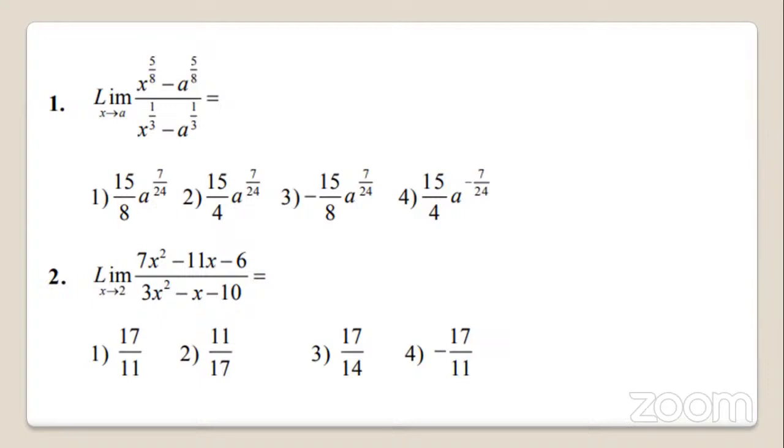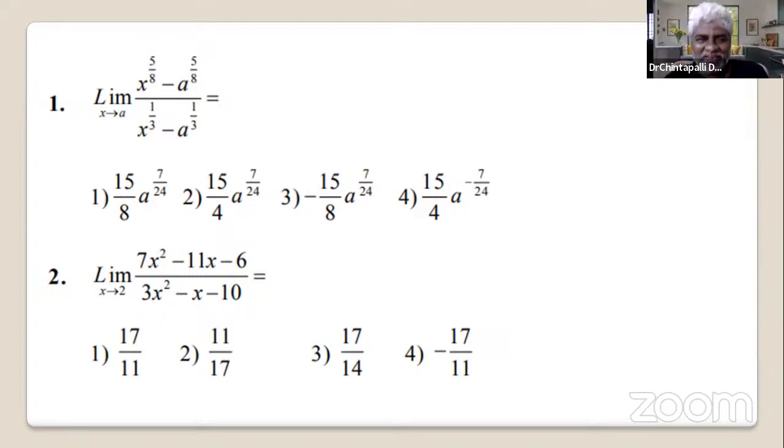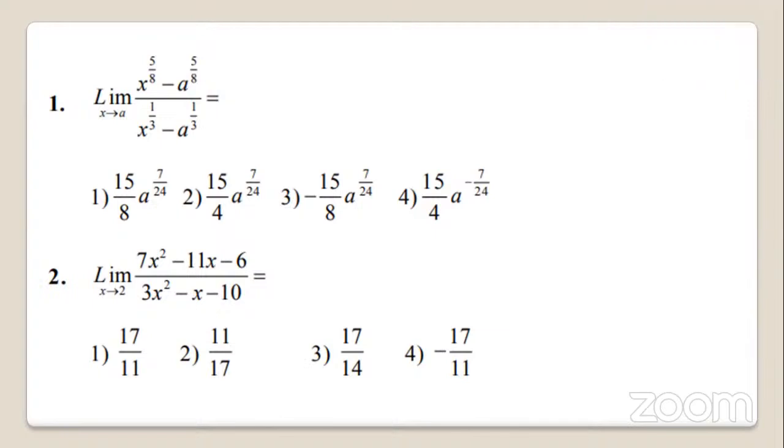Maybe we factorize and then we can cancel it out. Yes, you are right. Very good. Factorize the numerator. So it will be 3x square minus 6x plus 5x minus 10, which gives x minus 2 times 3x plus 5.